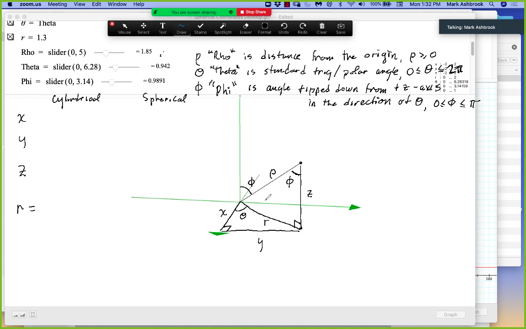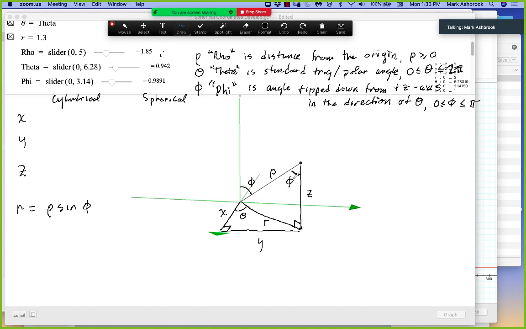What is r in that triangle? What relationship does it have to rho, phi, and z? Rho times sine of phi equals r. Rho is our hypotenuse. R is the opposite side from phi, so that's it.